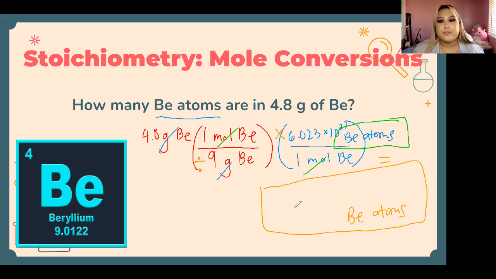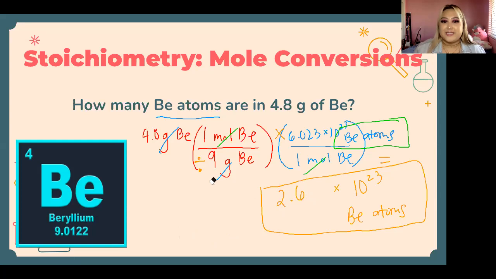I got 2.65 times 10 to the 23rd. Okay. For sig figs, there's 2, it was originally 2.648, so it would be just 2.6 times 10 to the 23rd, I think, because 4.8.